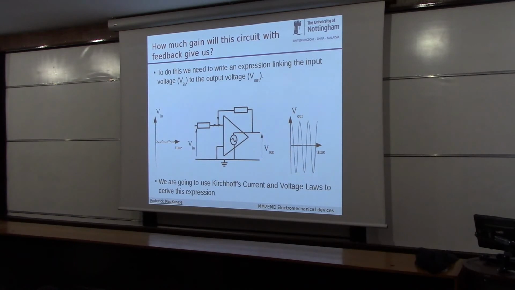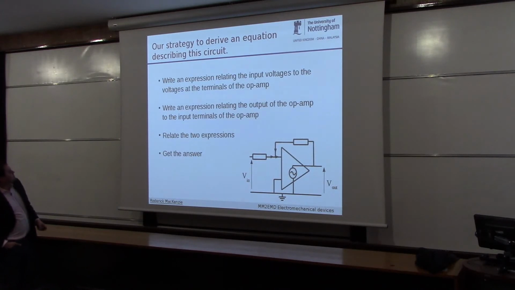So in general, what we need to do is write an expression linking the input voltage here to the output voltage here. That's the gain. We're saying, how much gain do we get? We want to link the input to the output. This is my system of doing it. Firstly, write an expression relating the input voltages to the voltages at the terminals of the op-amp.